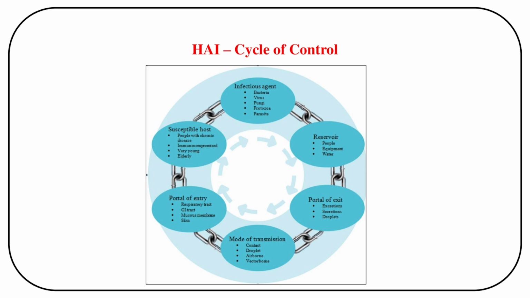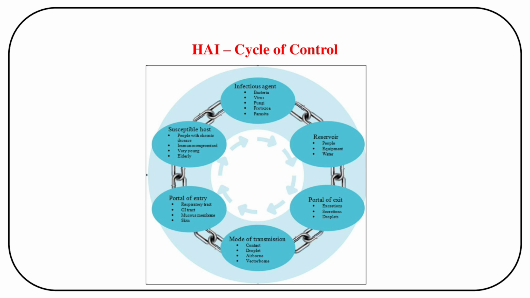You can start from controlling the infectious agent, for instance whether it is a bacteria, a virus, or a different organism like a fungus, etc. You can start at the level of the agent, or you can also look at where they are. Those are called reservoir.